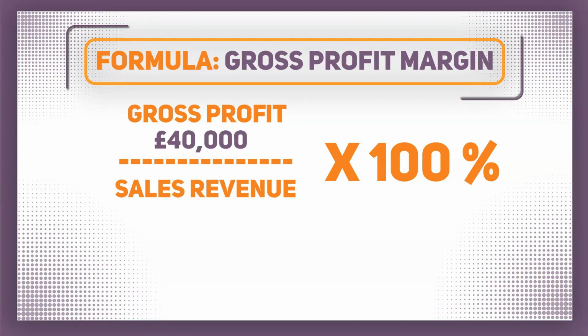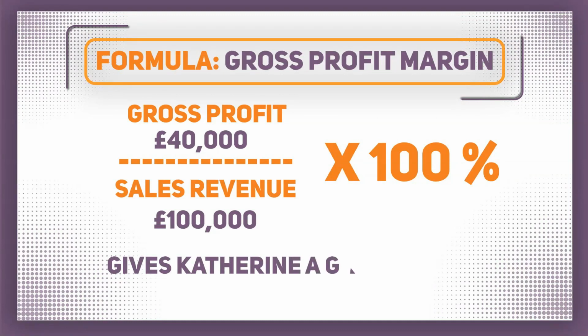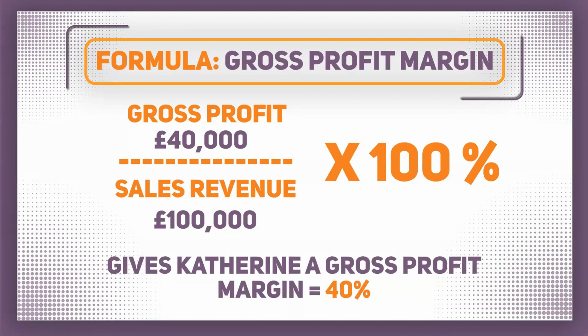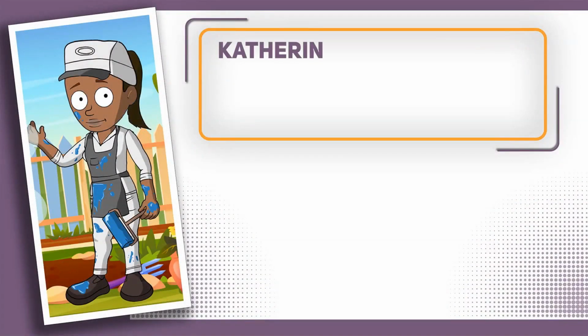In this example, £40,000 is the gross profit, and this needs to be divided by the sales revenue, which in this case is £100,000, and then we need to multiply this all by 100. And this gives Catherine a gross profit margin of 40%. So for every single pound of sales revenue that Catherine makes, 40 pence of this is gross profit.